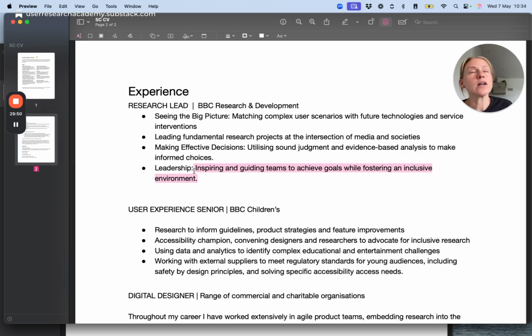Another one was the team's goal was to do more generative research. So I fostered training and educational workshops where I taught and democratized usability testing to X amount of designers, which enabled my research team to do X percentage more of generative research, right?